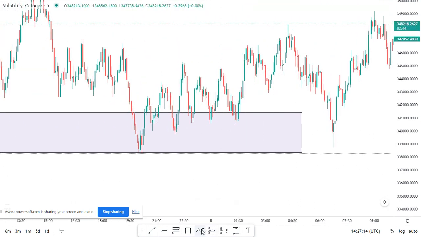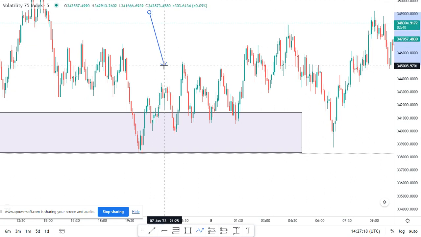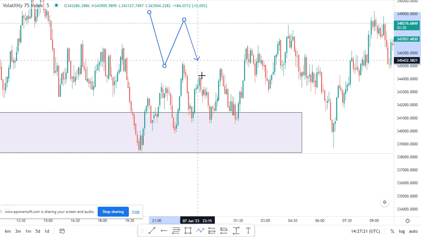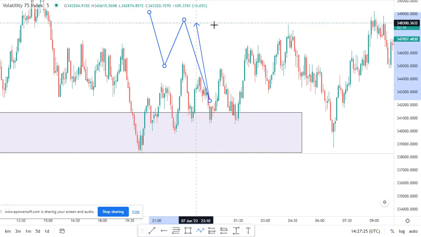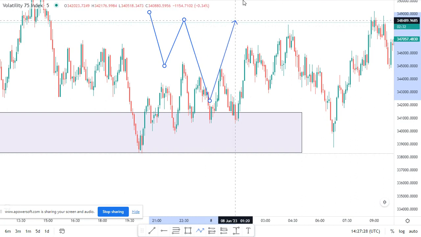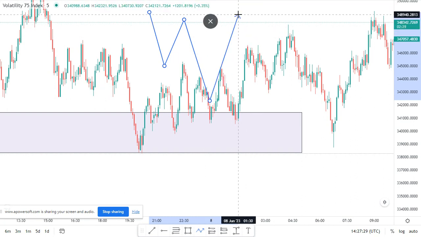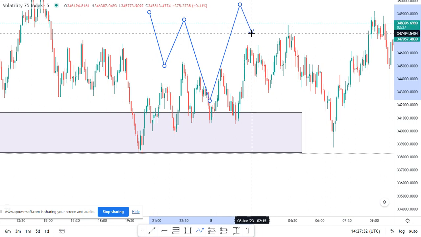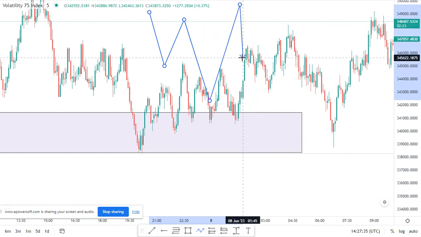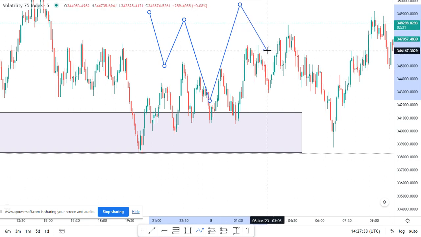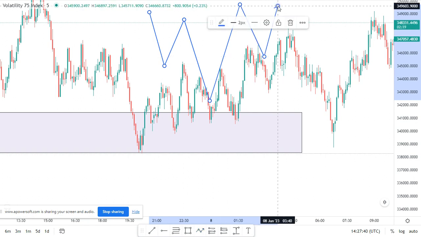As I said, when you see price make a lower low, lower high, lower low, and break this previous lower high, coming back into any fair value gap, supply or demand, then continuation.